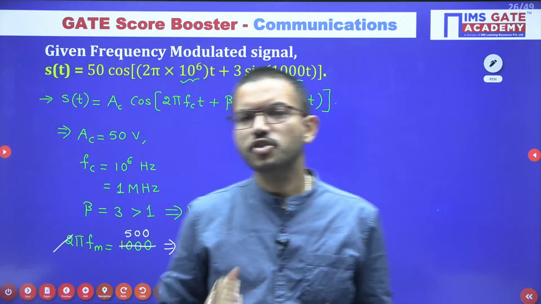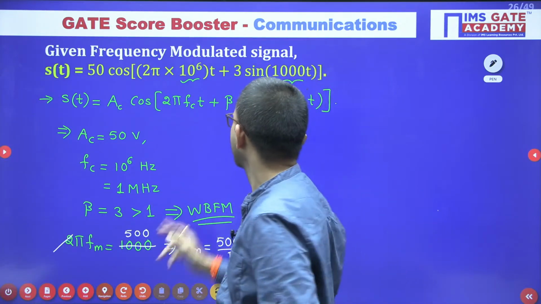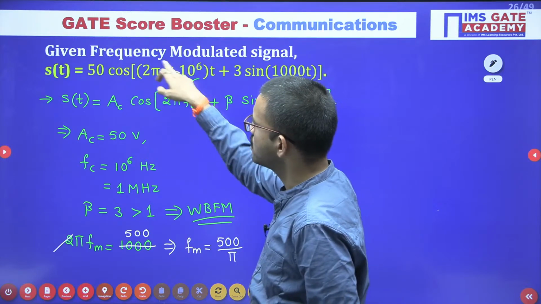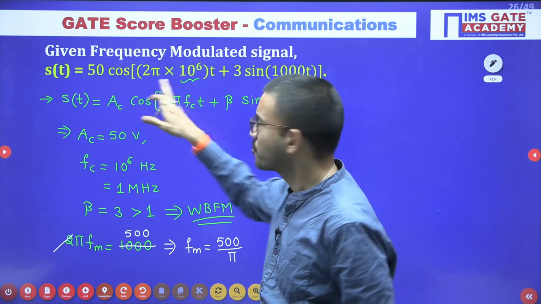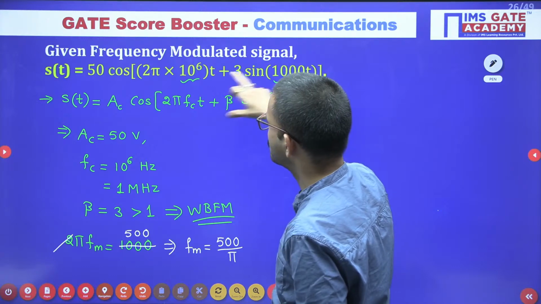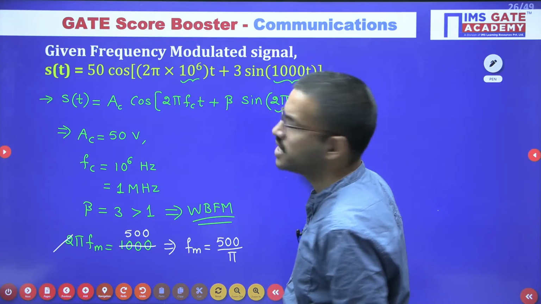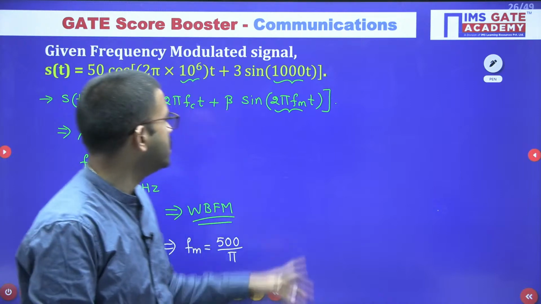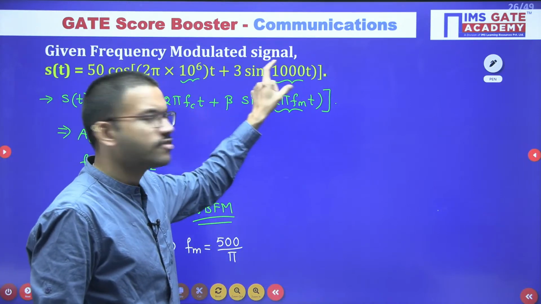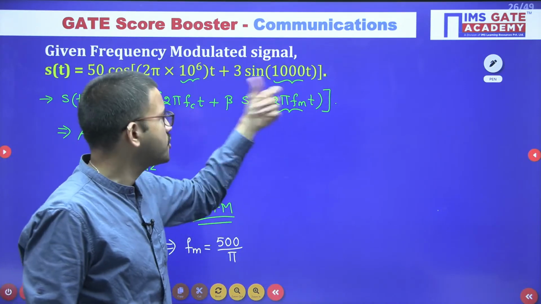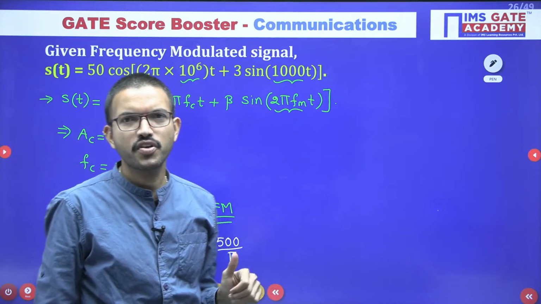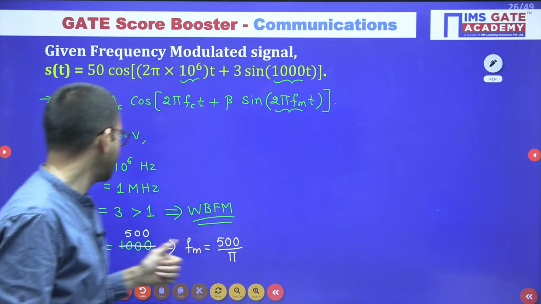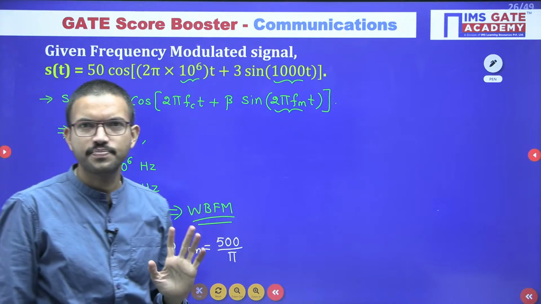Sometimes some students will be in hurry mode. Just like here you have 2 pi, sometimes students will assume that the pi term is present here. Say, for example, 1000 t is there; instead of 1000 t, some students will assume that 1000 pi t is there. Because of that, FM equal to 500 Hz you will get.